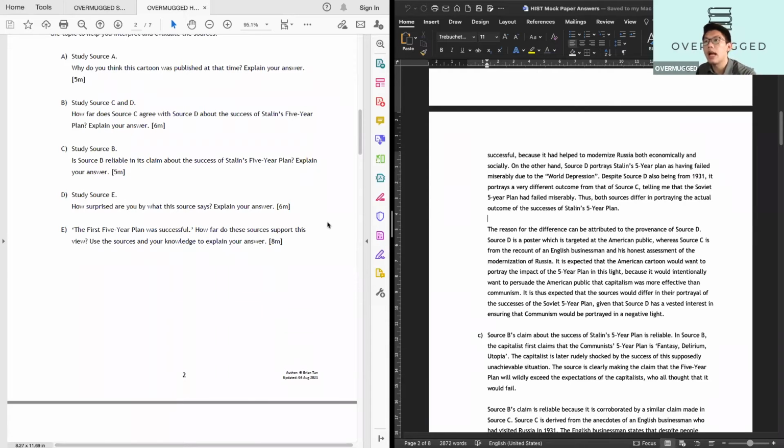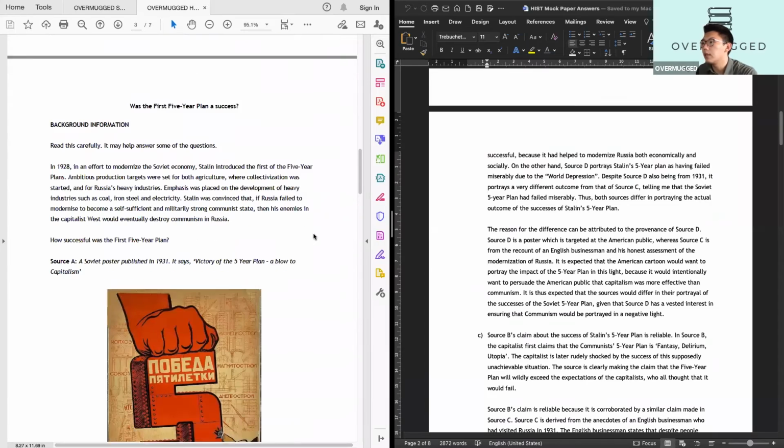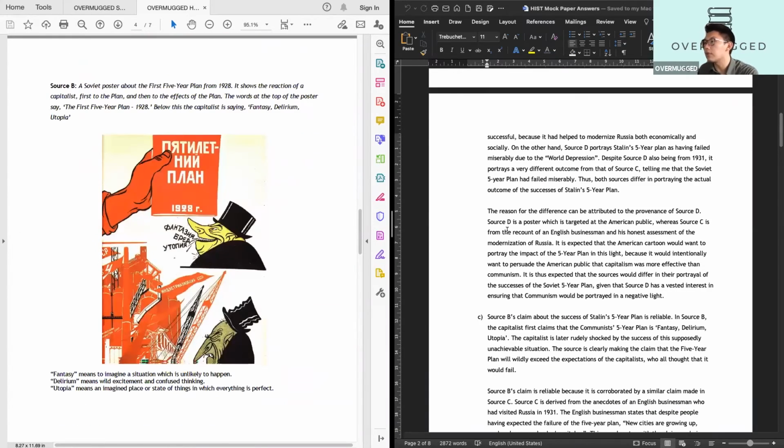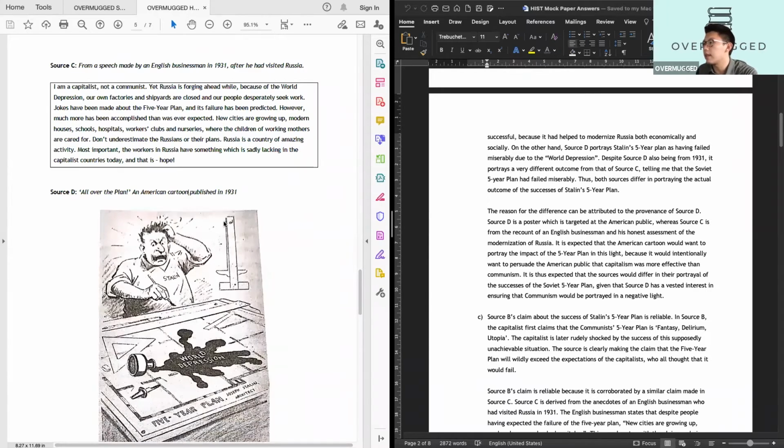It's asking you, how far does it agree? So you have to state the extent to which you agree or disagree with the information on whether they are more similar or more different. In this case, you should evaluate the reason for the difference, which can inform you as to whether it is more accurate to say that the sources are more similar than different.